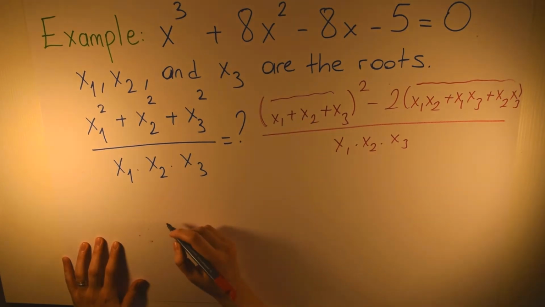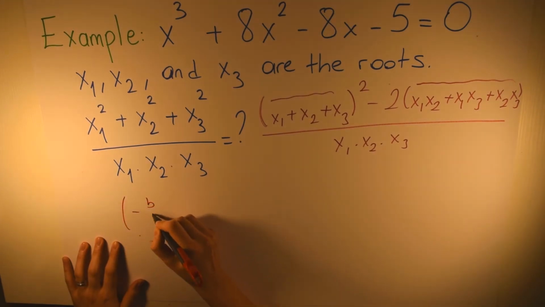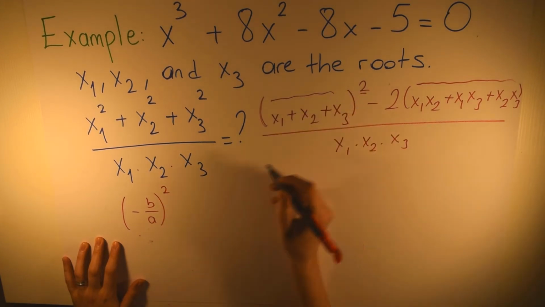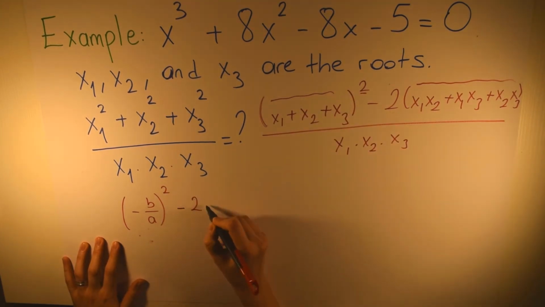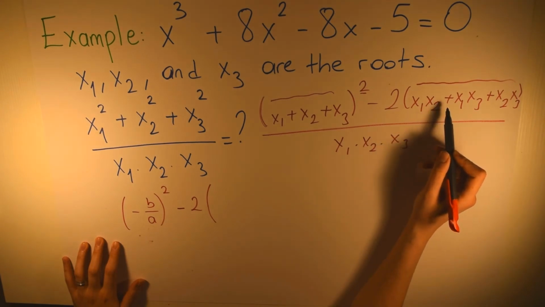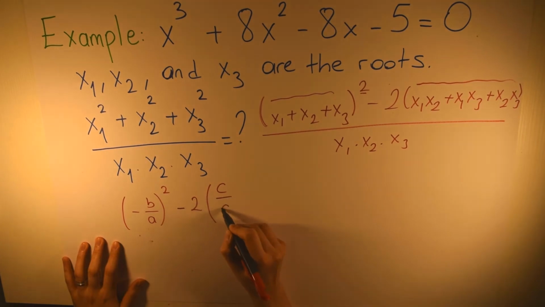The formula for the sum is minus b over a. So I write here (minus b over a) squared, don't forget this, minus 2 times this one. What was the formula for this? It is c over a.